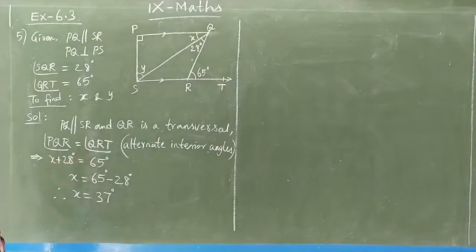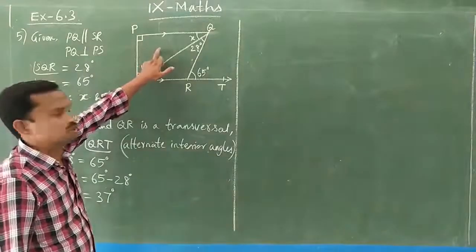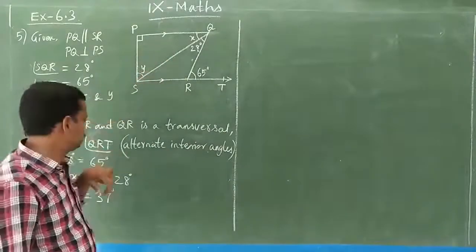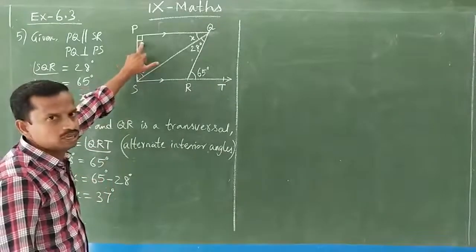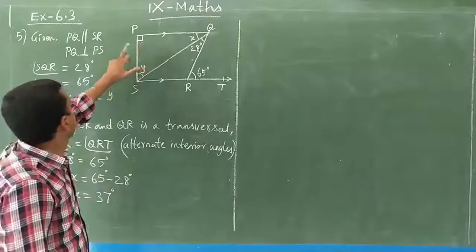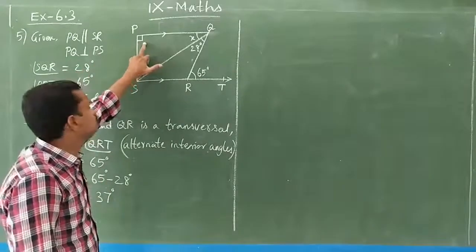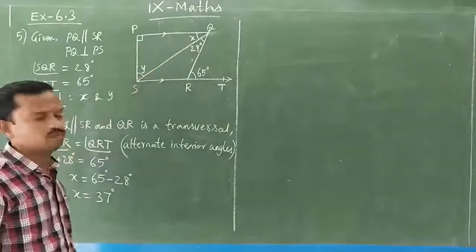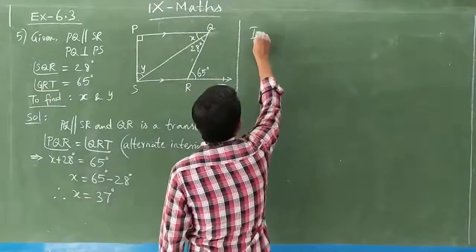And now moving to Y. To find Y, you see, you take this triangle PQS. In that triangle, this angle you know that is 90 degree because they gave PQ perpendicular to PS, so we have 90 degree, and X that is 37 degree. Then the third angle Y you can easily find by applying the angle sum formula.